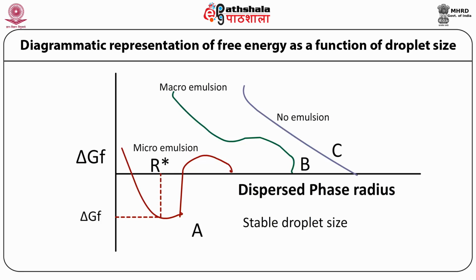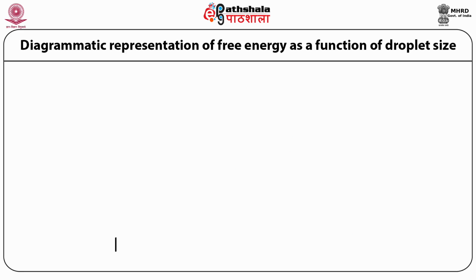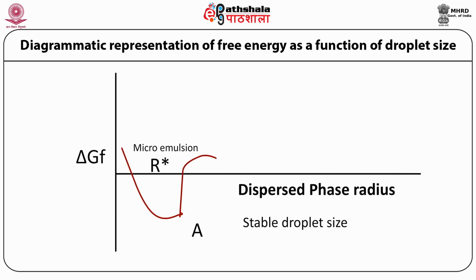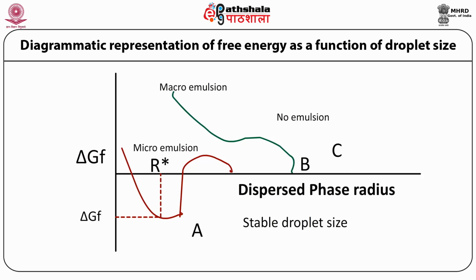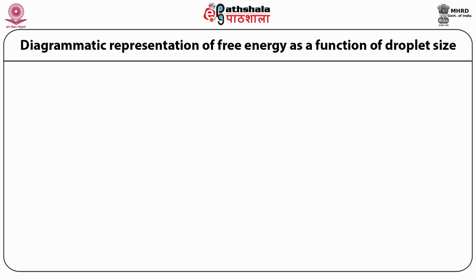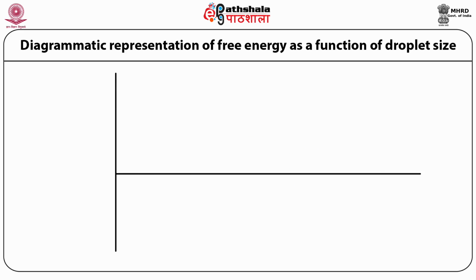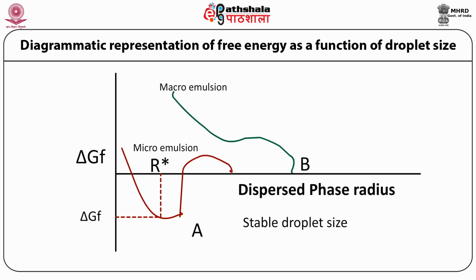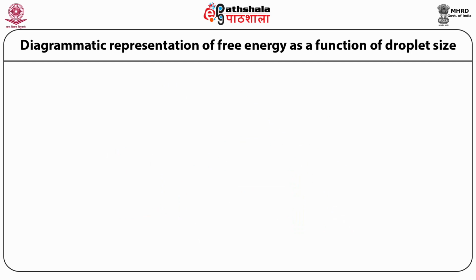Whereas if there is a positive delta GF, there is macroemulsion formation, or in some cases no emulsion formation if there is an increase in the diameter of the droplets. Therefore, there is a limit at which, at one particular point, there is formation of macroemulsion, and if the droplet size increases further, there is no emulsion formation because of the positive delta GF.